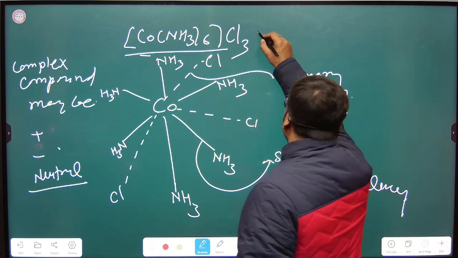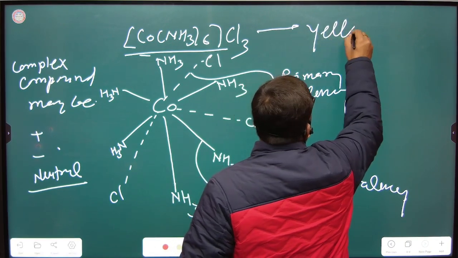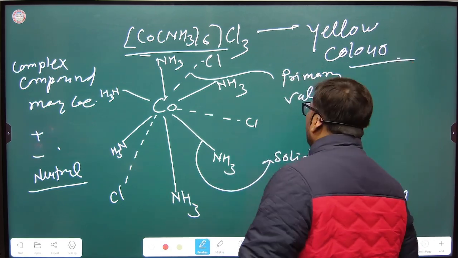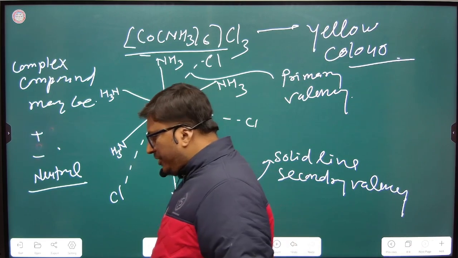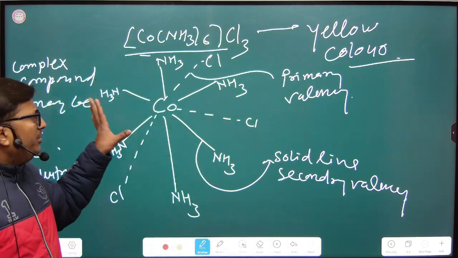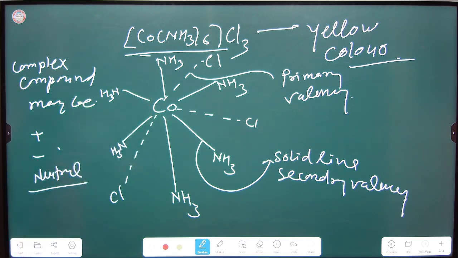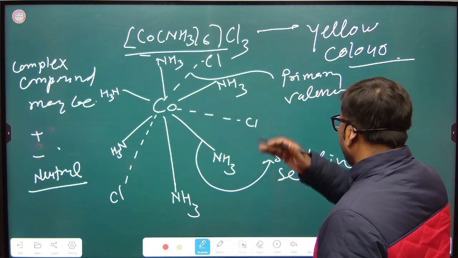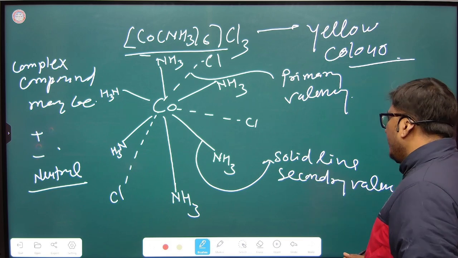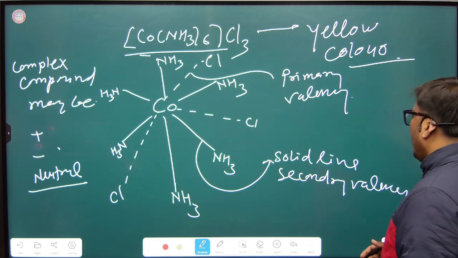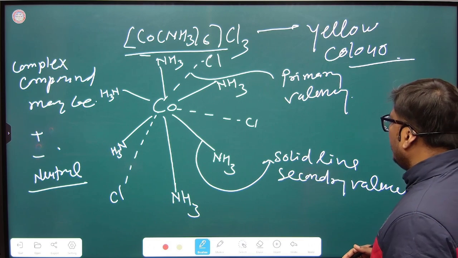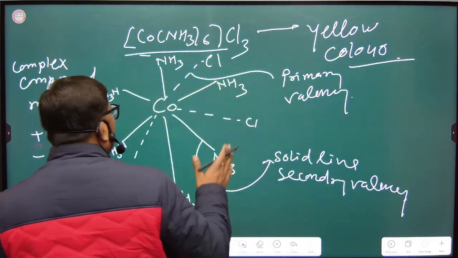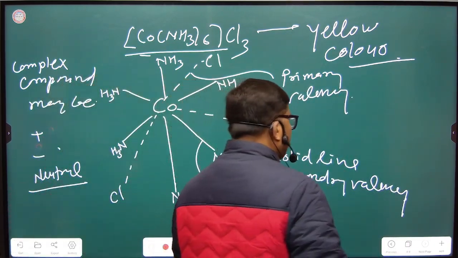This compound has yellow color. The compound he separated bears a yellow color. On the basis of these experiments, he elaborated and revolutionized coordination chemistry, and modern coordination chemistry came into existence.